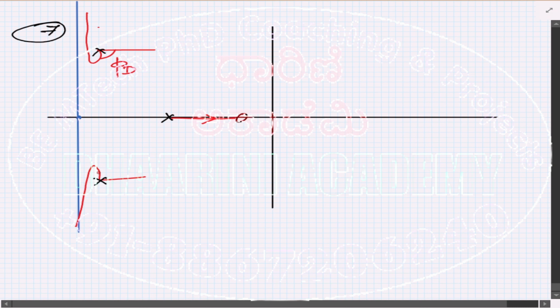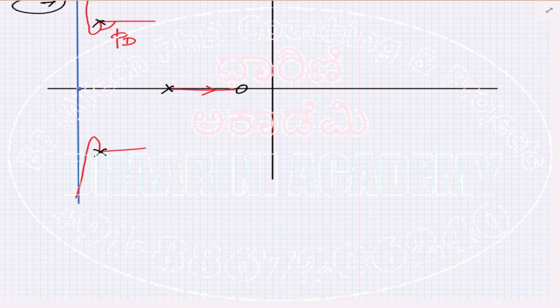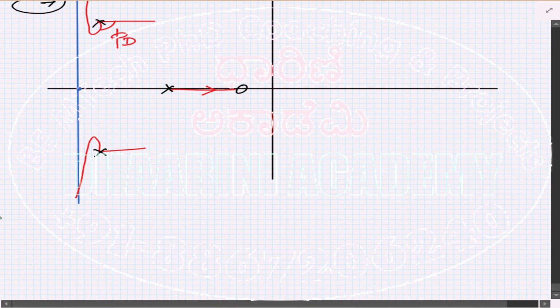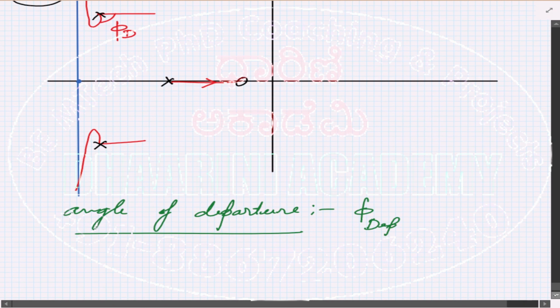There is a calculation to be performed, and then only we'll get that value. So we need to calculate the angle of departure. This is phi, I'll write DEP, phi departure.